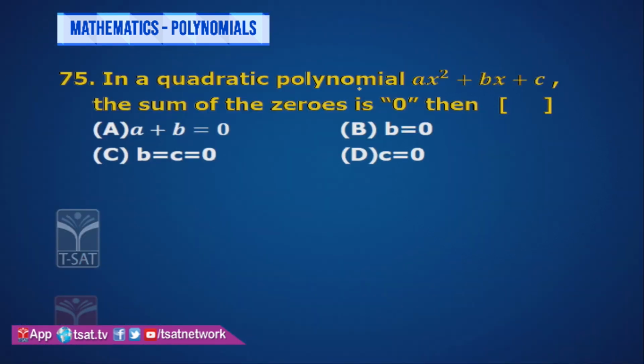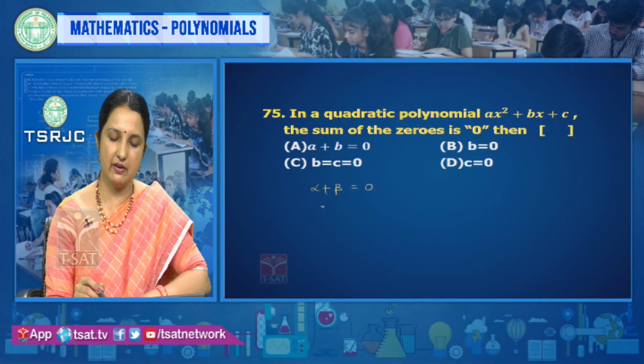The next: in a quadratic polynomial ax square plus bx plus c, the sum of the zeros is 0. Then which option is correct? That means alpha plus beta equals 0. In a quadratic polynomial, alpha plus beta is minus b by a, which equals 0.